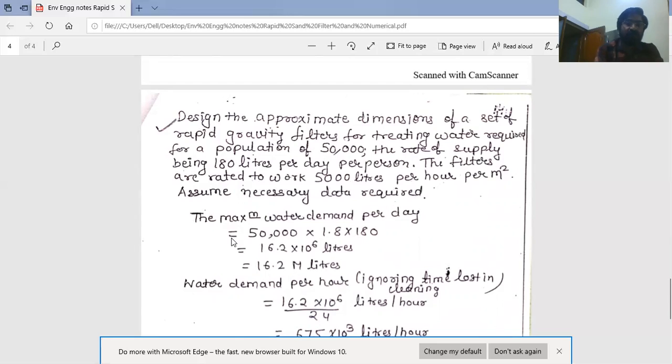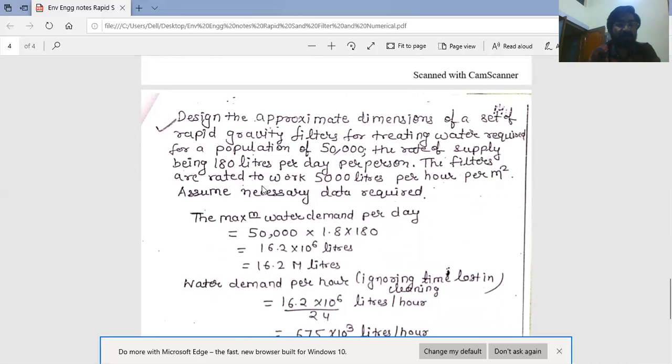Now population is 50,000, supply or demand is 180 liter per day per person. Now the requirement is maximum water demand. This 180 liter is the annual average daily demand, but we can estimate the maximum water demand per day.